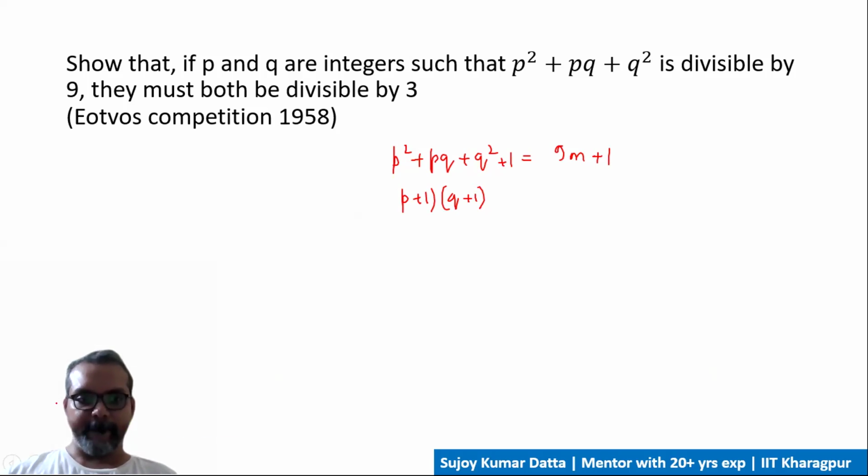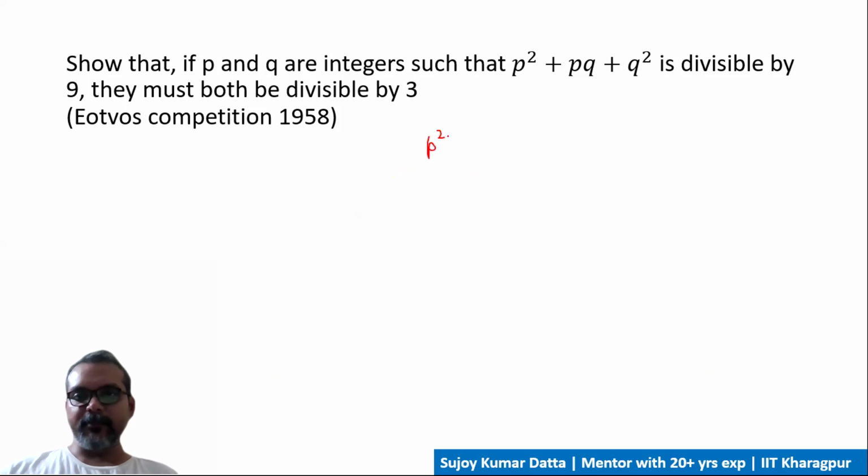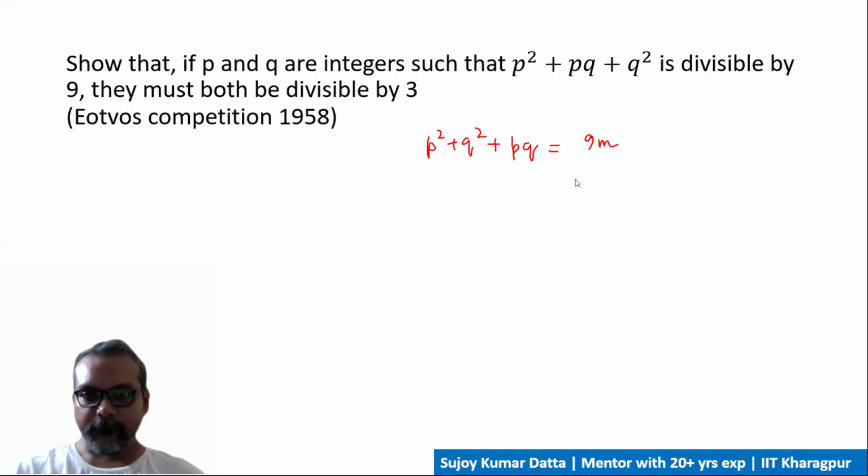My mistake. So we have p squared plus q squared plus pq is a multiple of 9. Now we have to show that both are divisible by 3. So let's say p is a multiple of 3, but q is not a multiple of 3.